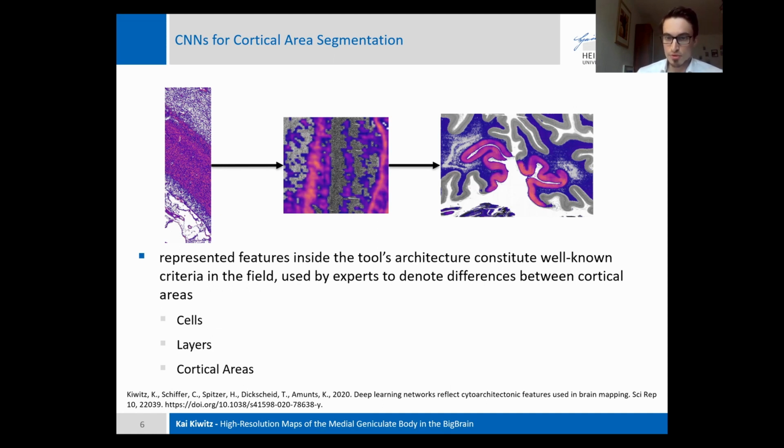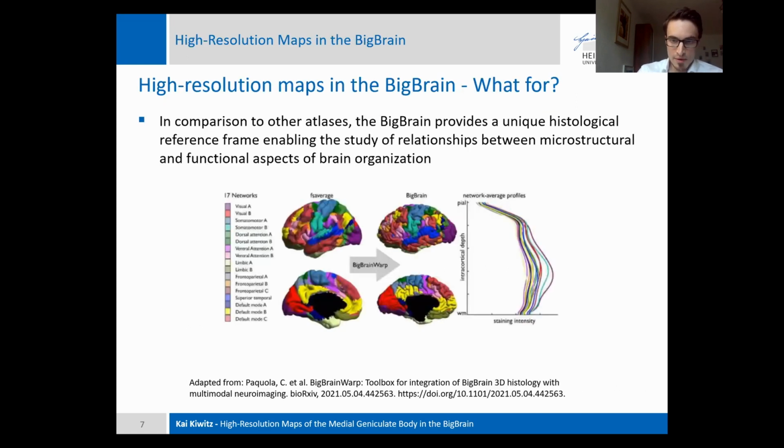So to sum it up, we now have a deep learning-based tool that operates on cytoarchitectonic criteria and helps us to create these whole brain maps of the cortex. We can then in return use these maps and link them with functional aspects of brain organization. And this is especially important to note because this is what BigBrain allows us.